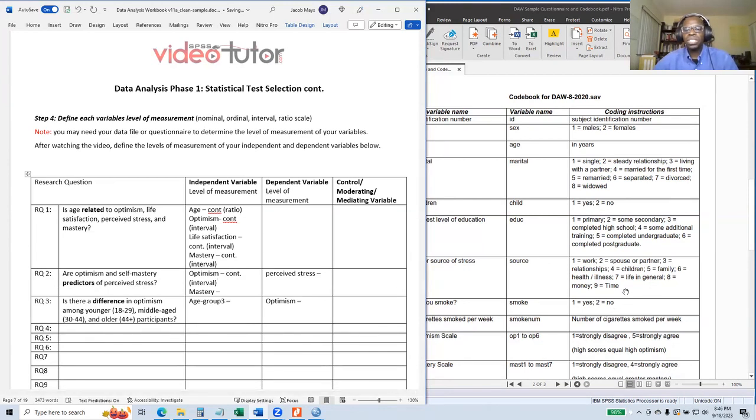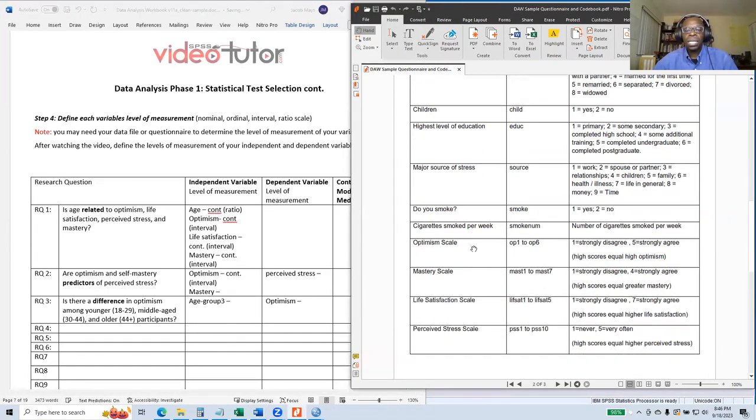Why is that? Because we see here the optimism scale goes from strongly disagree to strongly agree, so it goes from 1, 2, 3, 4, 5. So there are 5 options. It meets the minimum standard of 4. Does that make sense?